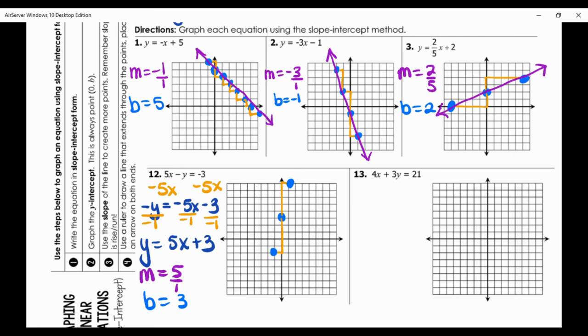Looks like I can fit one more point. So that's all I can fit on this graph. So now I'm going to connect and extend.